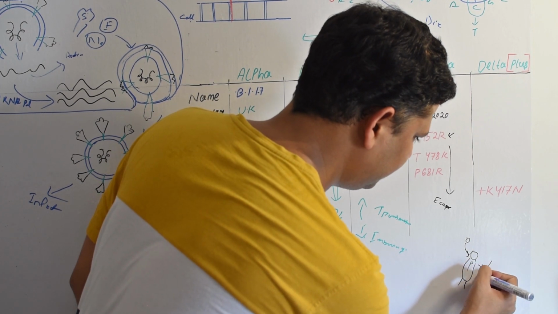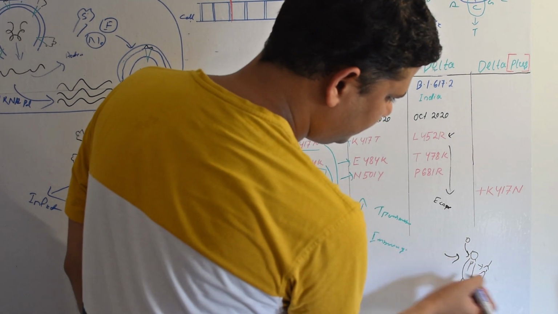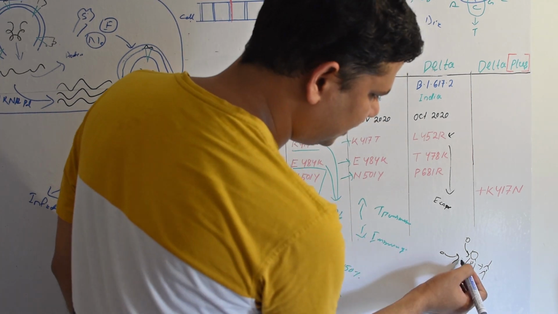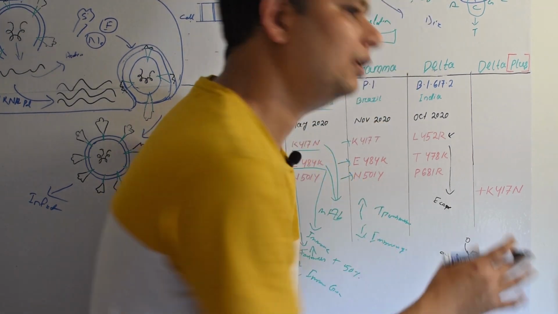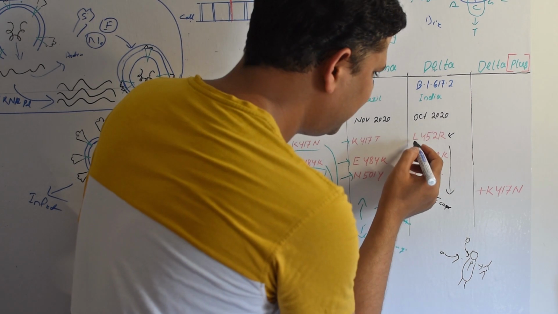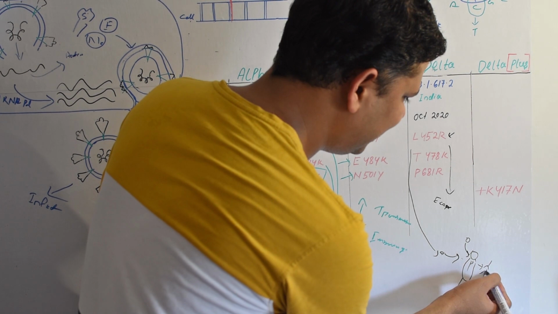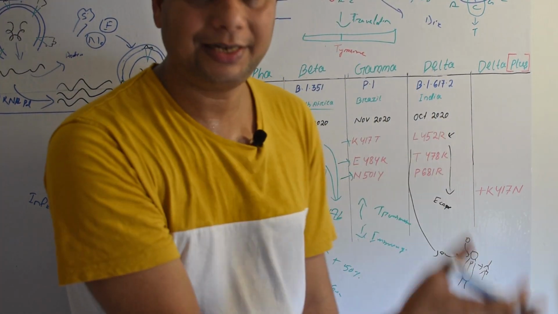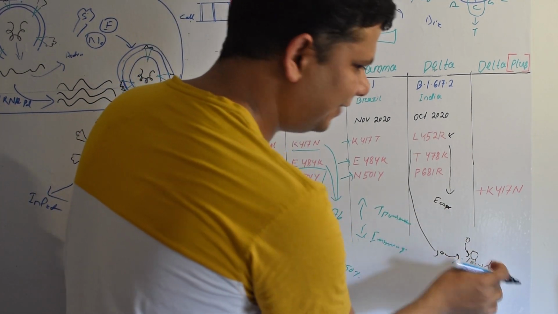Suppose this is the antibody, and next time the coronavirus enters, this antibody will bind to the coronavirus and stop it from infecting the person. But because of this mutation in the coronavirus, the antibody will not bind to the coronavirus efficiently. So because of that, the coronavirus will infect the person easily.